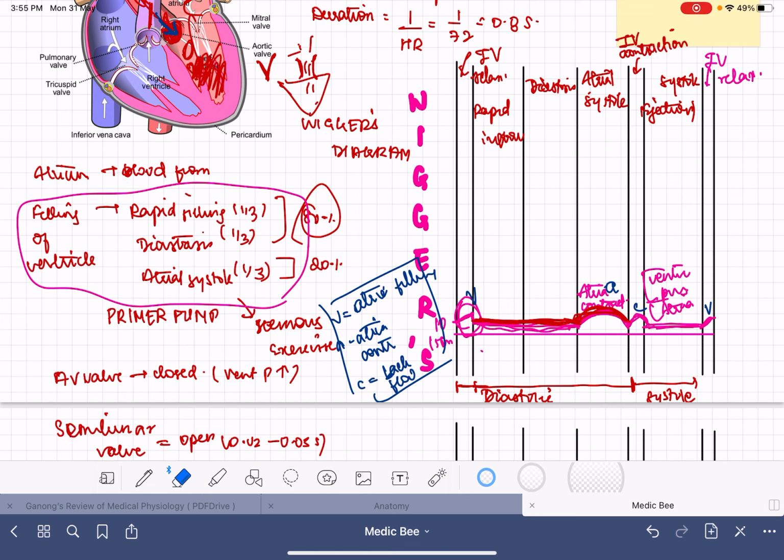The force will be so high that it will try to open the semilunar valves. It will rise to a pressure as high as 120 millimeters of mercury, and after that, as a great amount of blood is pumped out, the pressure begins to fall.